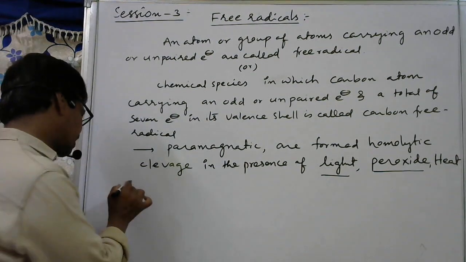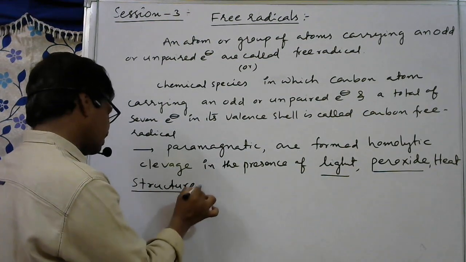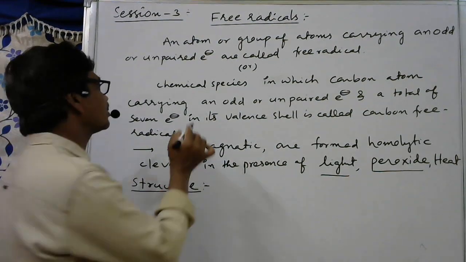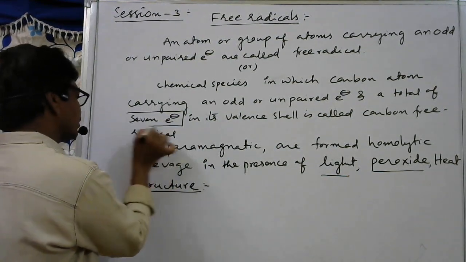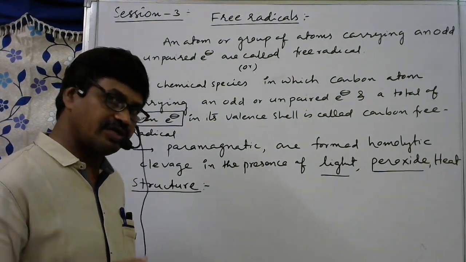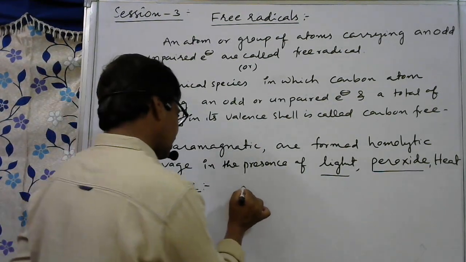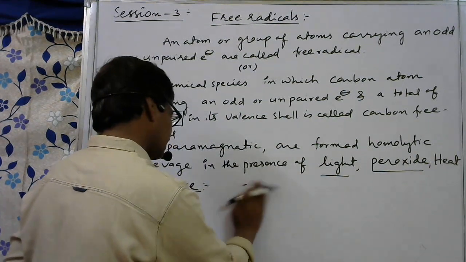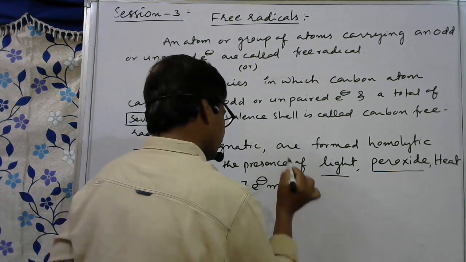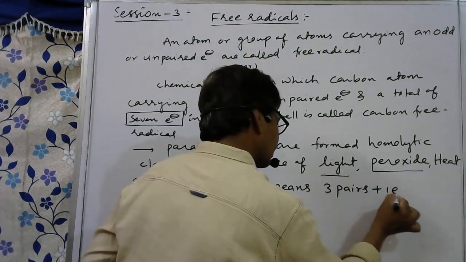Then, what is the structure of free radicals? Again here we have to count the total number of electron pairs. Here how many electrons are present? 7 electrons. If you make pairs, how many pairs can we make? We can make 3 pairs, 3 pairs plus 1 electron.